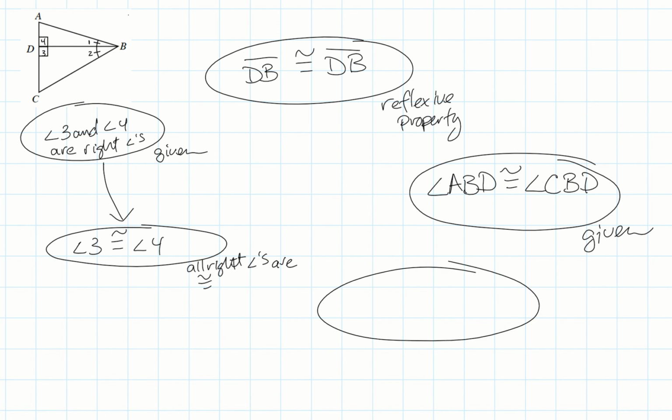So we can now claim that these two triangles are congruent. We're going to say that triangle ABD is congruent to triangle CBD.